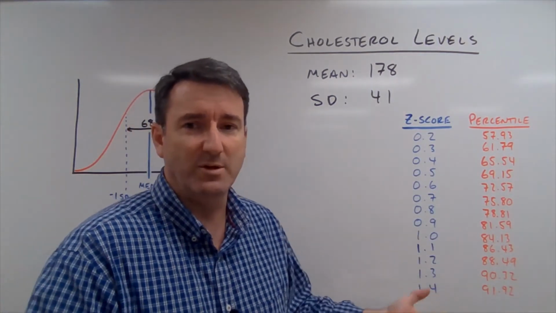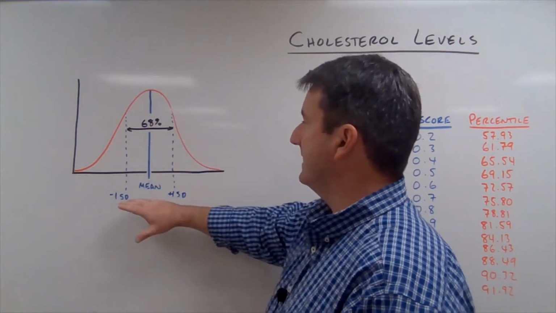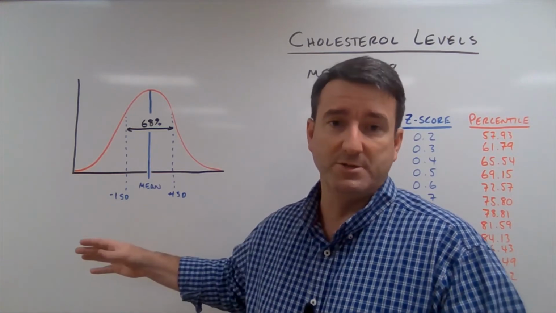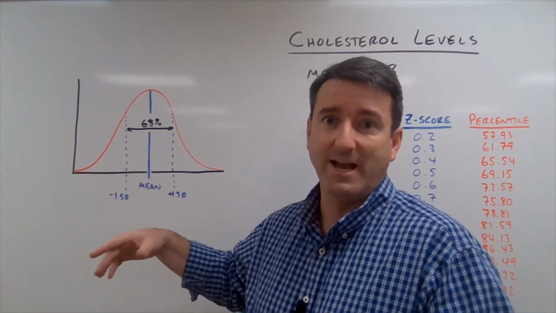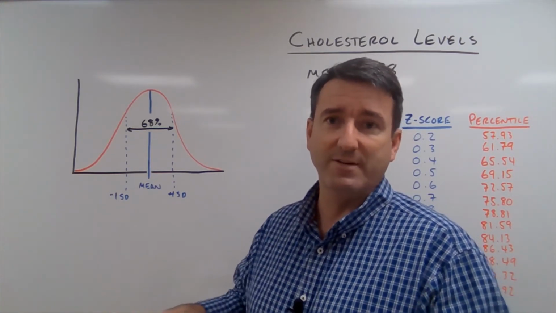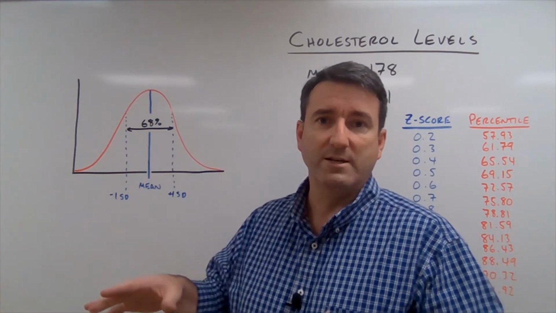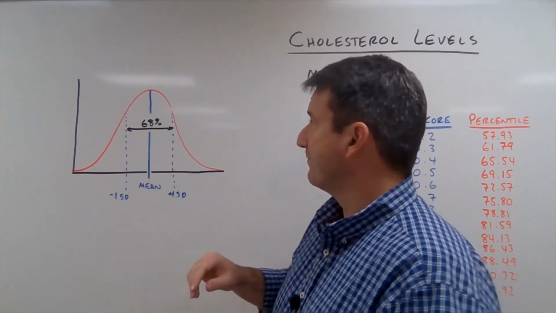And that table is directly related to this normal distribution and the 68, 95, 99.7 rule that we talked about in the previous lesson.